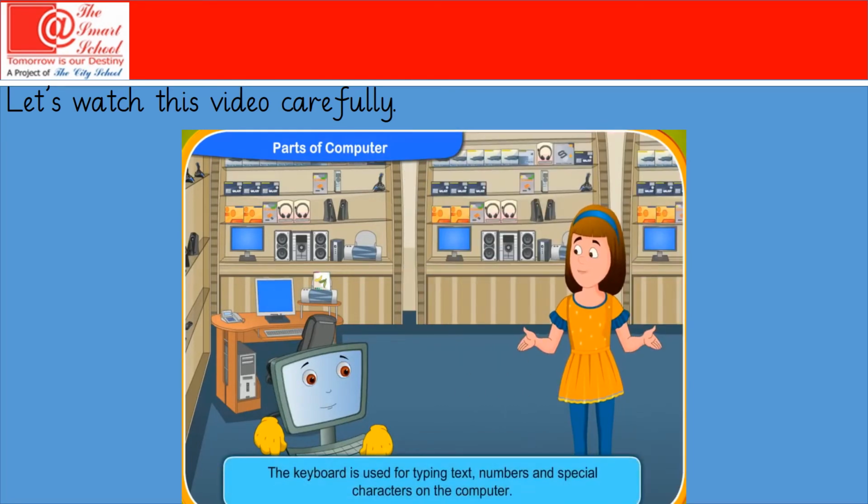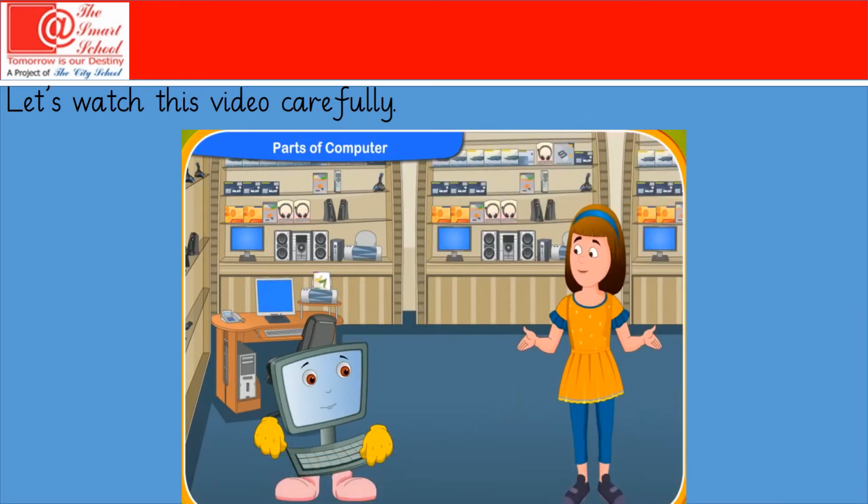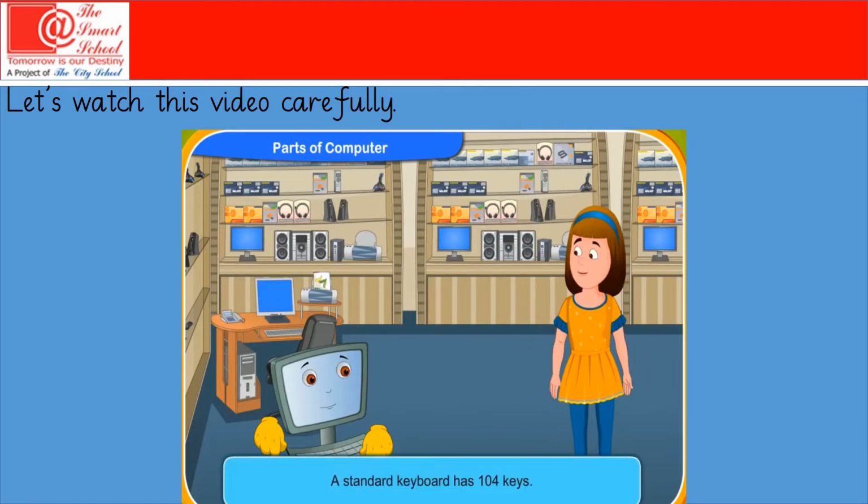The keyboard is used for typing text, numbers, and special characters on the computer. Yes, Rennie. The keyboard has many buttons on it, which are called keys. Different keys have different function. Yes, I remember that a standard keyboard has 104 keys.